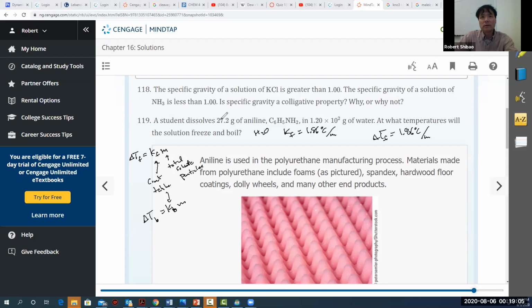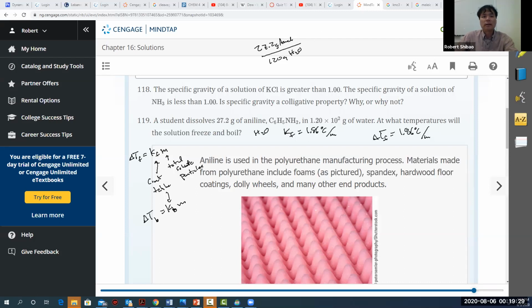We have 27.2 grams of aniline per 120 grams of water. And so we need moles of aniline per kilogram of water.